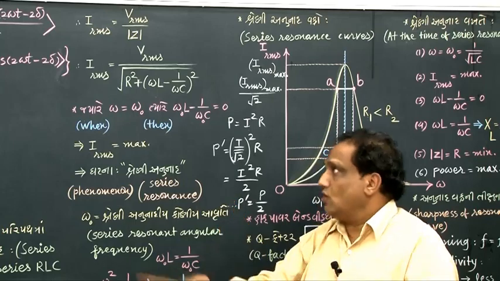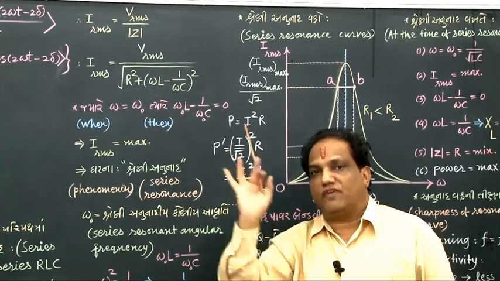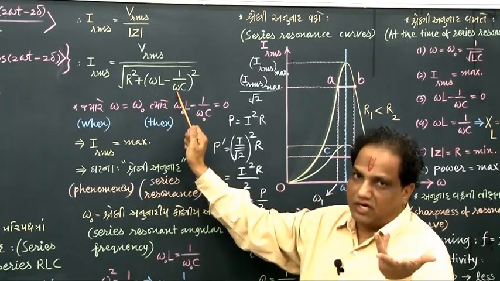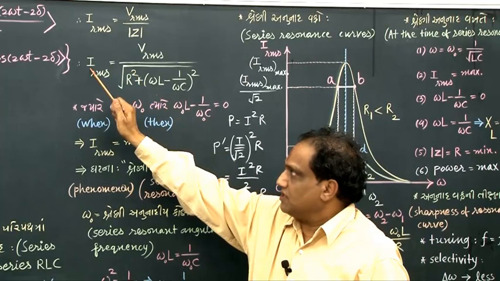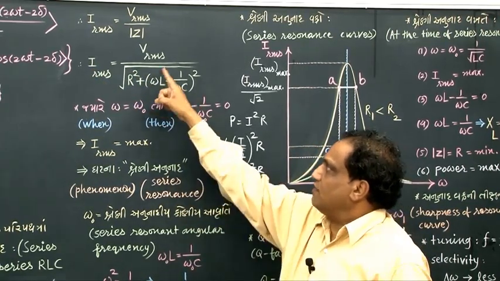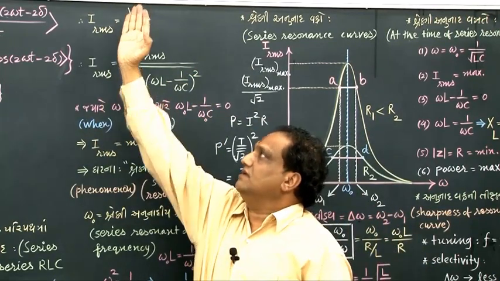Simply we change only omega, that is, only the angular frequency of the AC source. When you change omega, naturally IRMS will change. Now this part appears in the denominator, so when this part decreases, IRMS will increase.